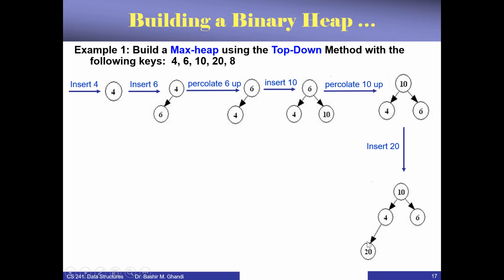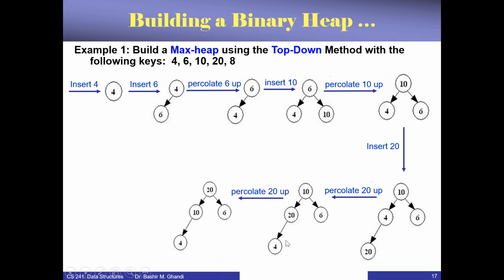Again, the 20 has to be calculated up until it reaches the root, because it's bigger than both 4 and 10. Okay, if you are doing this in an exam, probably you don't have to show the intermediate step here. You can show directly where 20 will end up. It will end up here after 2 calculate ups.